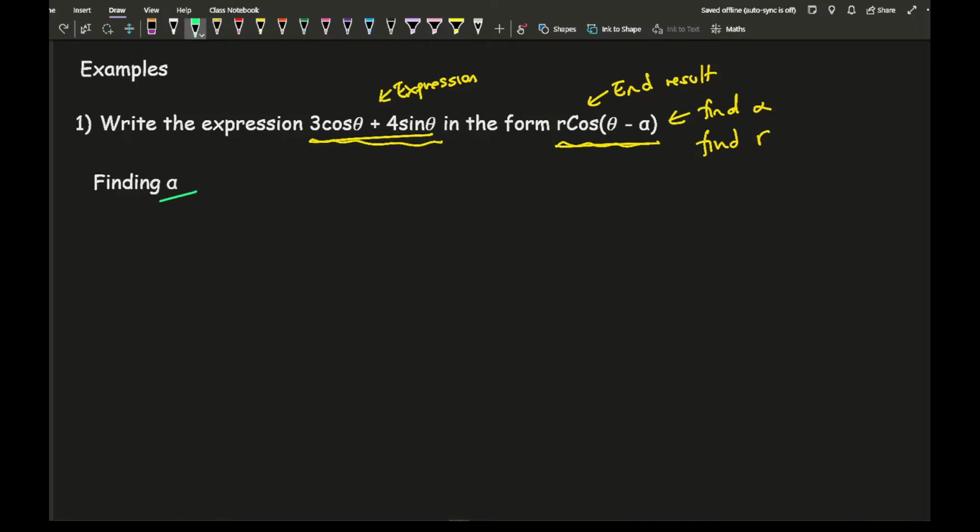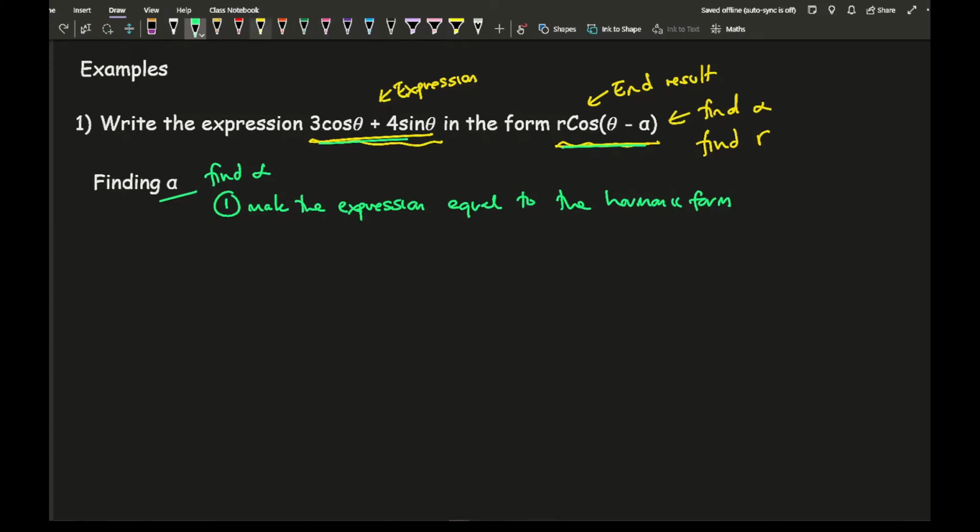Now I always prefer working in steps, so to find alpha, what you want to do is make the expression equal to the harmonic form. And what do I mean by that? Well, I mean I want to make this equal to this.